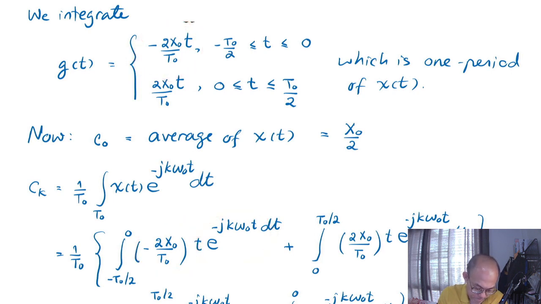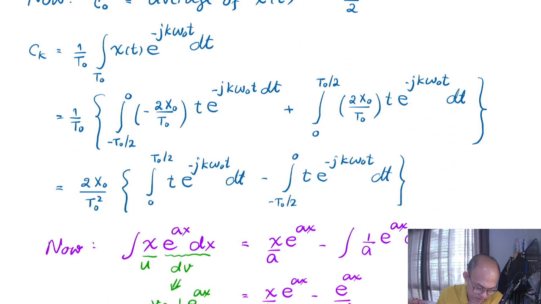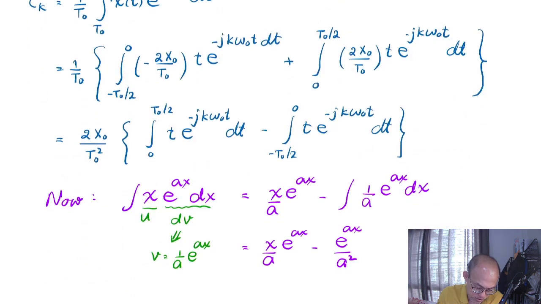Alright, this one is here, and this one is there. Okay, the boundary is correct. Okay, t and t here. Alright, now I have to integrate it using, well, I took this one out.